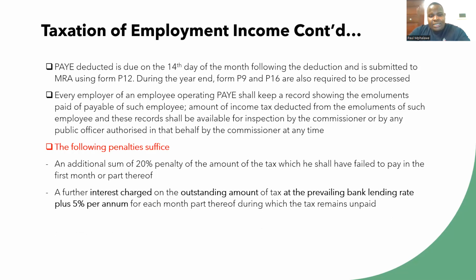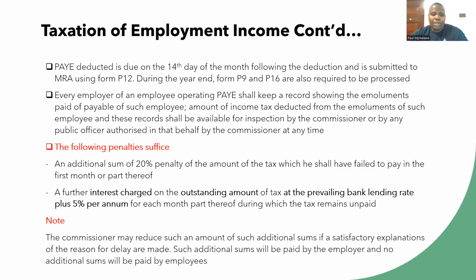Now, there's a further interest charged on the outstanding amount of tax at the prevailing bank lending rate plus 5% per annum for each month or part thereof during which the tax remains unpaid. Okay, they take the lending rate of the bank of that day or that month, plus 5% per annum, they hammer you. So it's better to pay tax than to avoid paying tax because it's cheaper. You pay tax cheaper than playing chika stuff, and the taxman will come and hammer you.